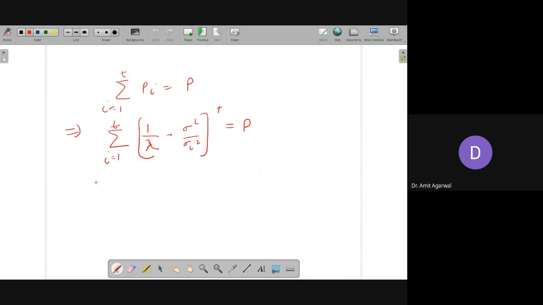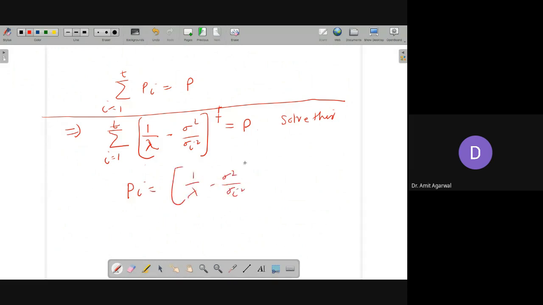See, the final is just to solve this problem. Whatever lambda you get, you put it here: 1 by lambda minus sigma square by sigma square. So our objective is to solve this. And the algorithm we use to solve it is called the water filling algorithm. Why we call it a water filling algorithm, we will understand with an example.